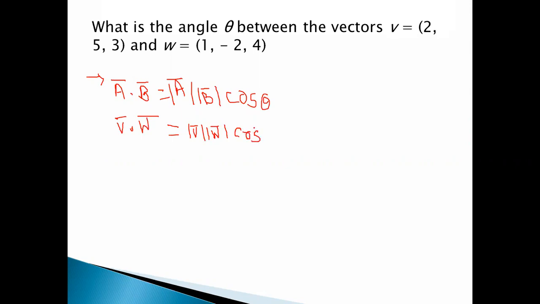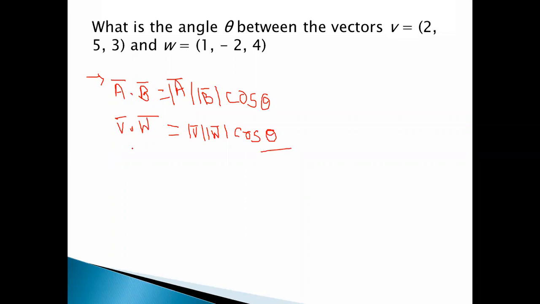Now how to find this theta? To find theta, what should we find first? V bar dot W bar, right? And we should know mod of V bar and mod of W bar, right?